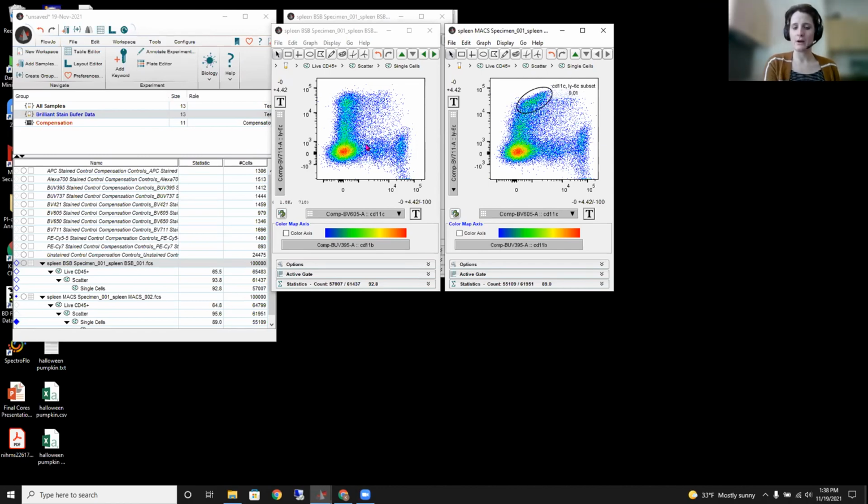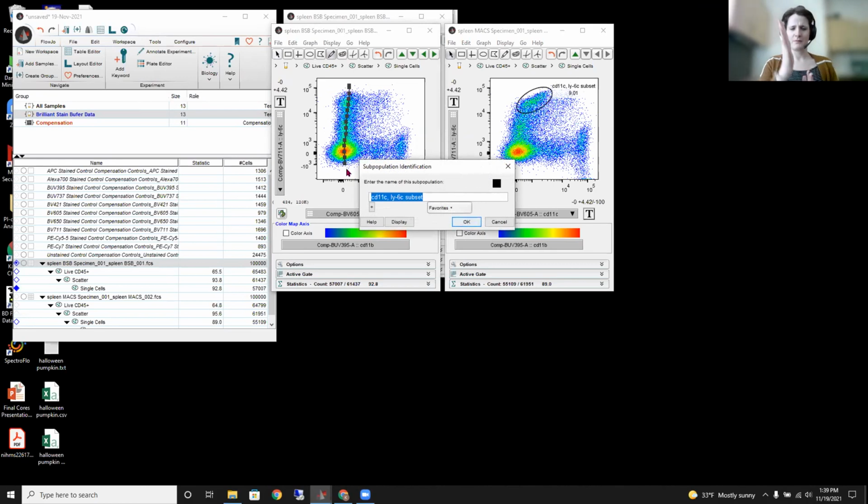Now you can imagine without using that Brilliant stain buffer, you could think that there was a population that was dimly positive for CD11C and also positive for Ly6C. But once we account for the interactions of those dyes, what we now see is that the MFI of the positive and negative, and sorry for my little tilty line there, really matches over in the spillover channel.